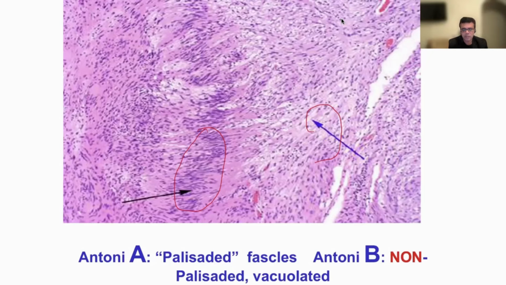So cell-free zone, nuclear-free zone, and palisading of nuclei, this is known as Verocay bodies. So Verocay bodies are seen over here, and we get the hypercellular zone, that is Antoni A, whereas the hypocellular area with a myxoid background is Antoni B areas.